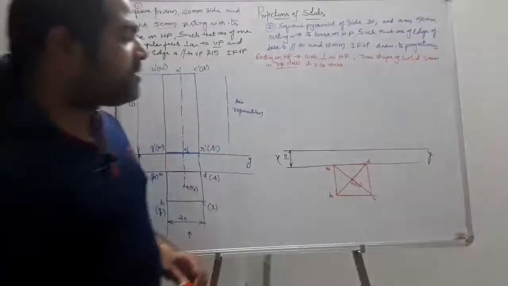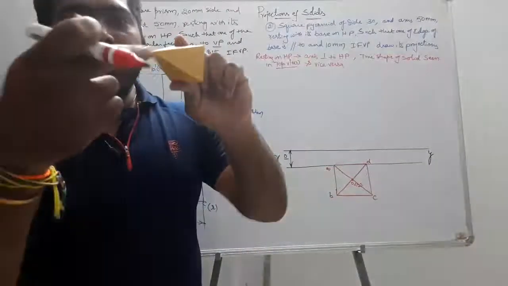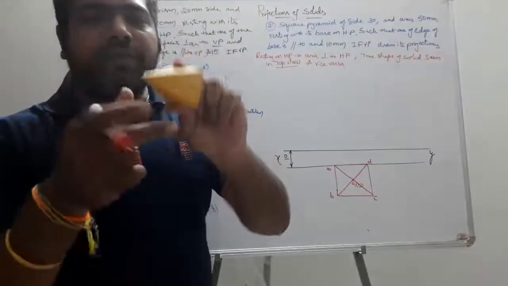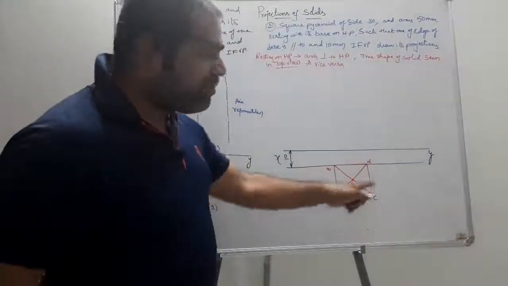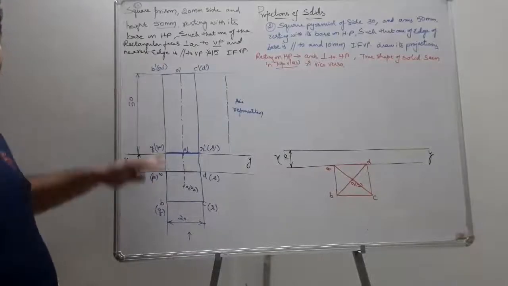So while you are supposed to see from the top, if you are going to see in this manner, you have to join the apex to all the corners of the base edge. For the pyramid, I get only one set of points. For a prism, I get two sets of points, because two bases are there.